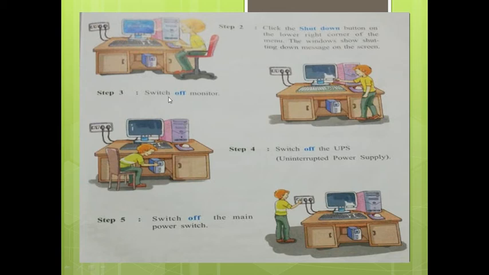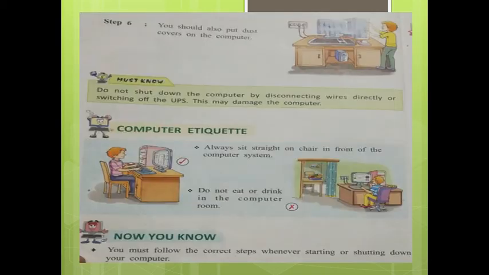Then third is switch off the monitor, then switch off the UPS and switch off the main power. Last one is you should also put a cover on the computer. This is switching on and switching off.